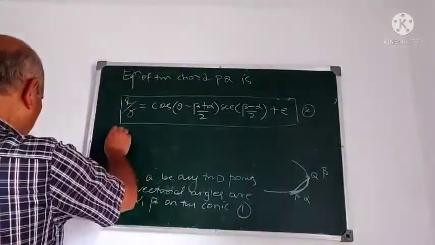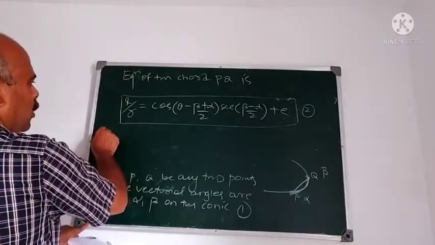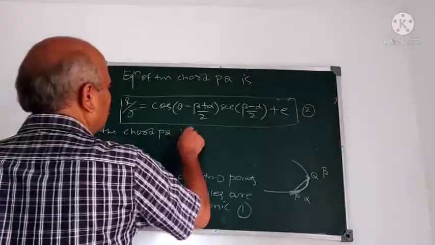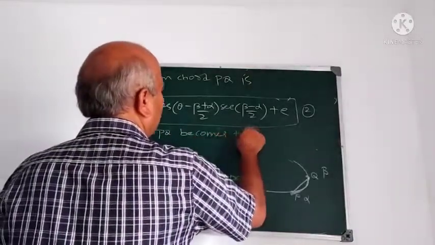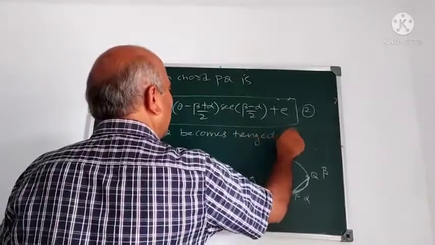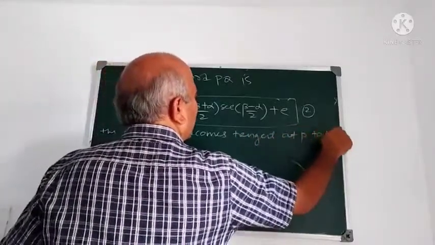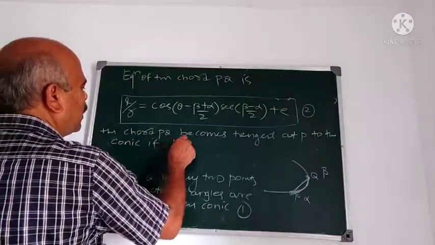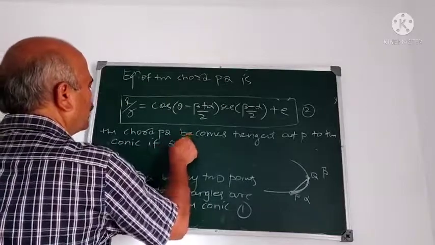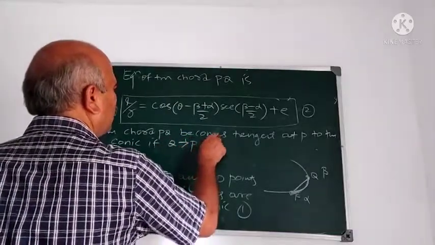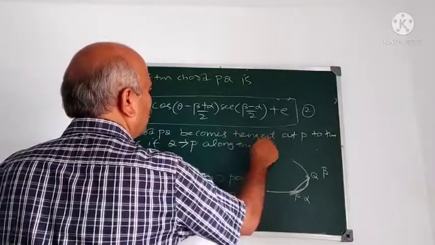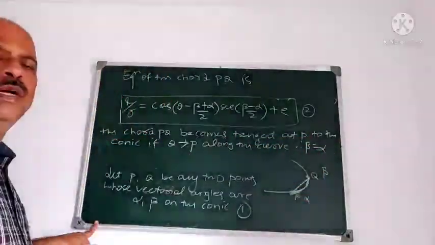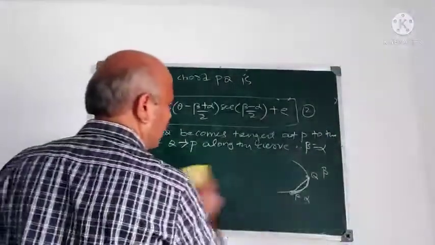Therefore, the chord PQ becomes tangent at P to the conic if Q tends to P along the curve. Therefore, beta tends to alpha.